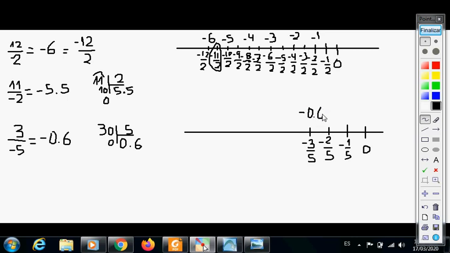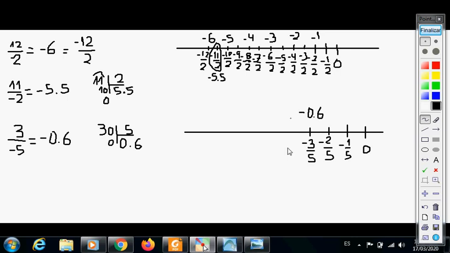The same here, minus 11/2 is minus 5.5, and let's remember, minus 5.5 is between minus 5 and minus 6.